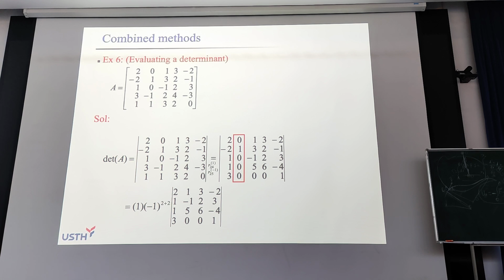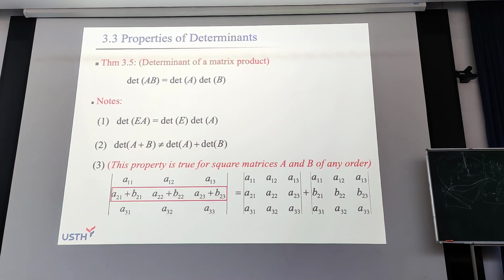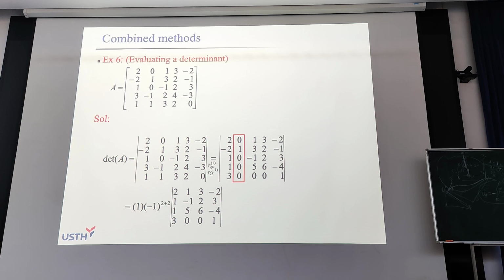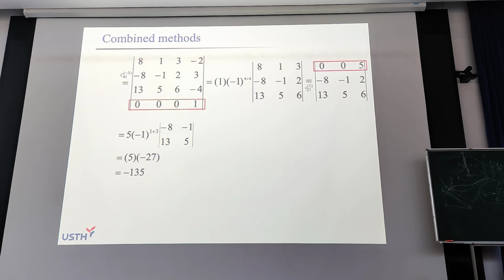And then once again we apply the column operation here. Then again we get a new matrix consisting of the last row with only one non-zero entry here. Then we apply cofactor expansion, and we reduce the size of the matrix again. And again, we apply that one. For example, I will show you that thing.